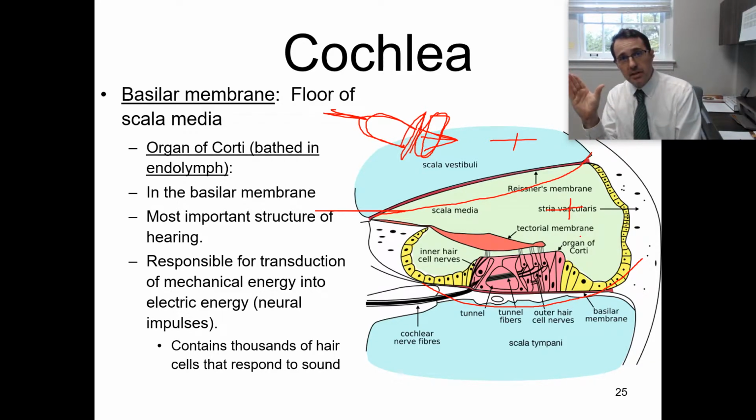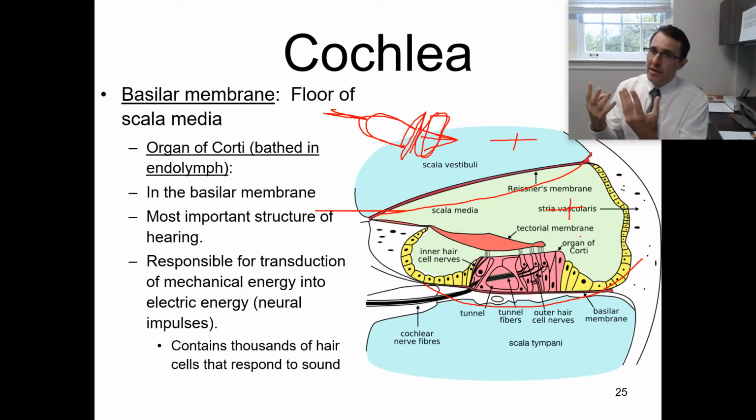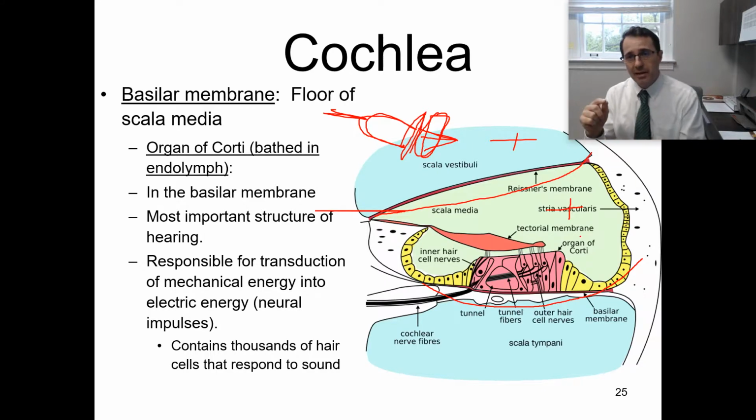So when you displace the basilar membrane, you're moving the organ of Corti, which moves the hair cells within the organ of Corti. And when the hair cells are moved, they generate an electrical impulse that gets sent to the brain.